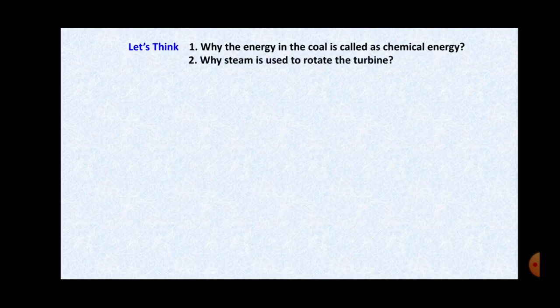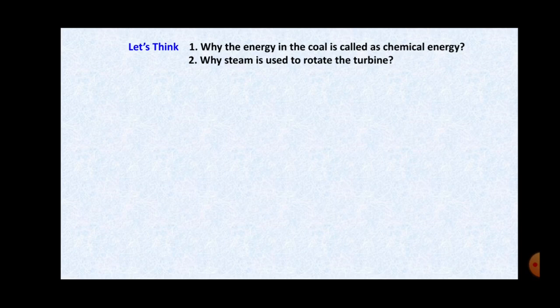Then the second question is why steam is used to rotate the turbine. Now when, in a thermal power plant, the water is heated, it converts into steam, right? Now this steam is under very high pressure and high temperature. So it has a great force. With this great force, this steam starts rotating the turbine. Okay.